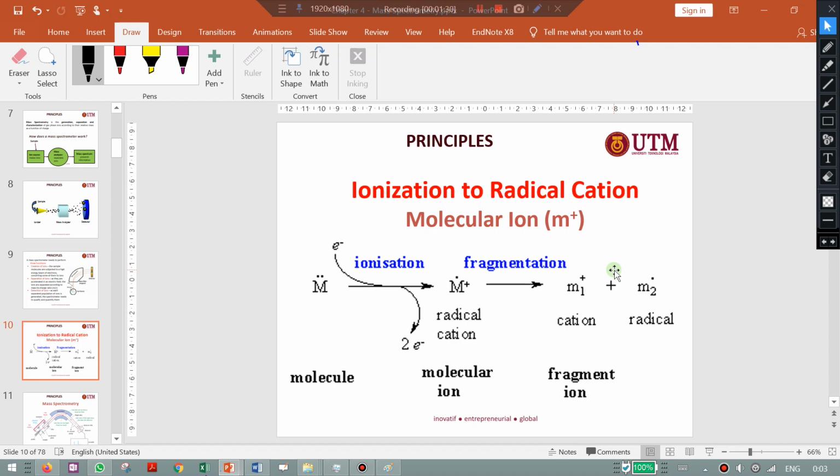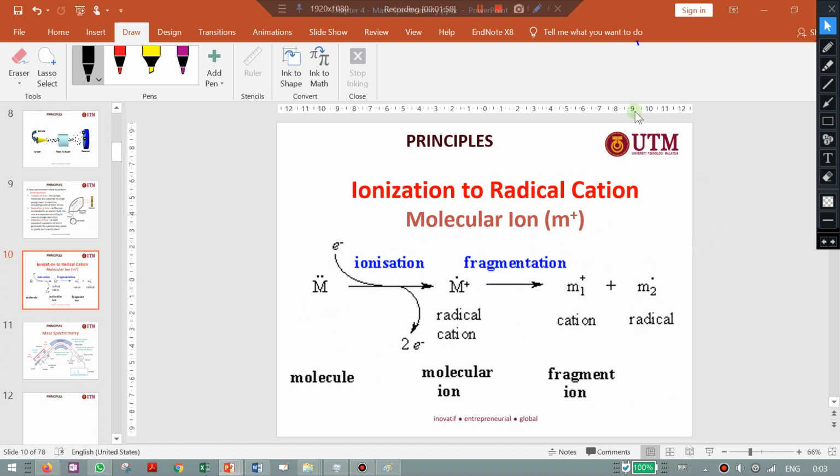The number of electrons for the radical cation must be even too, but in the fragment ions, the number of electrons should be odd. Sorry, don't be confused: it's not the number of electrons. The molecular mass, the m/z ratio, of the radical cation and the molecular ion should be the same, and it should be even, but the m/z ratio for your fragment ion should be odd, right? Okay.